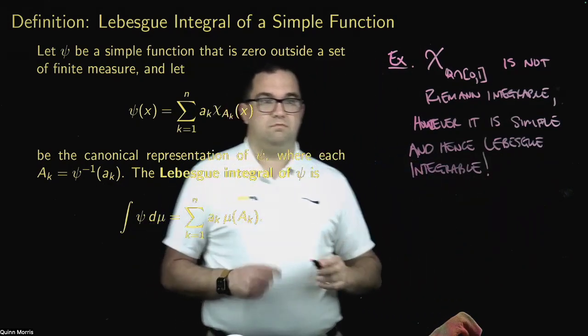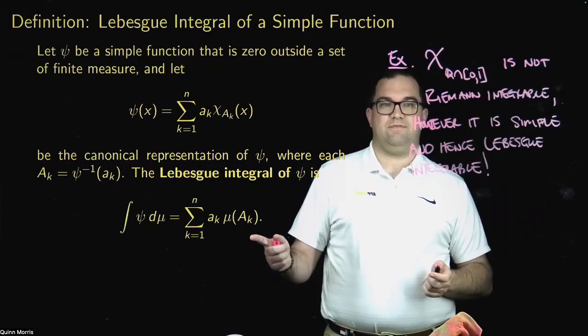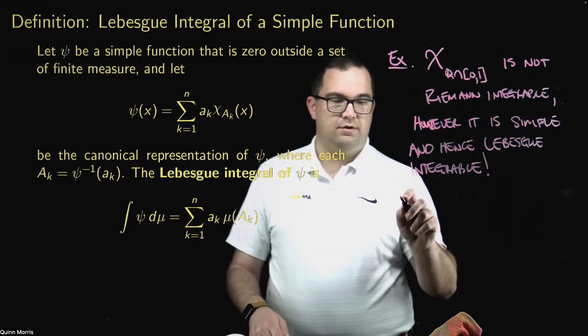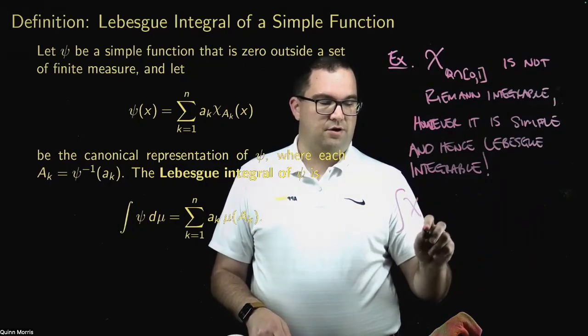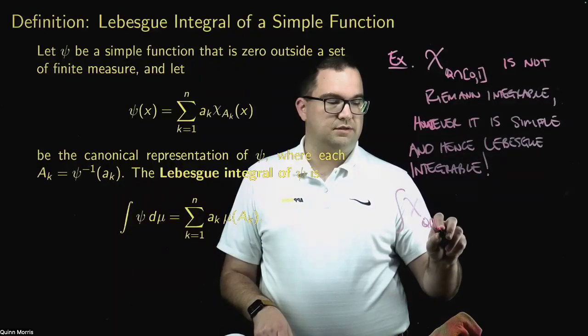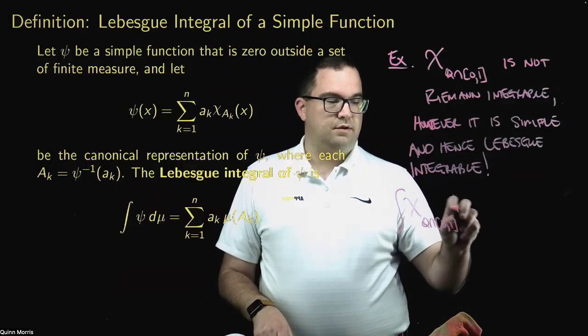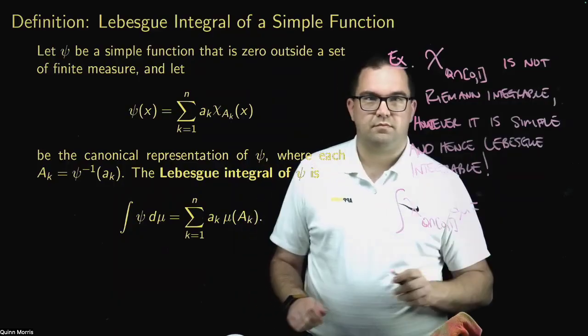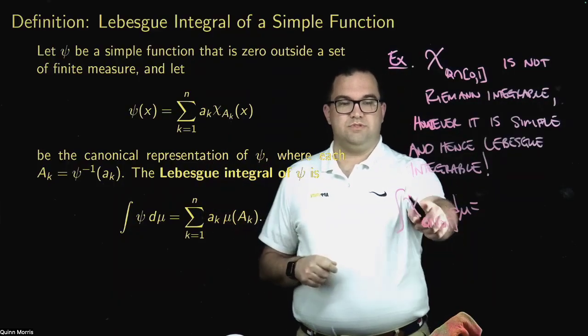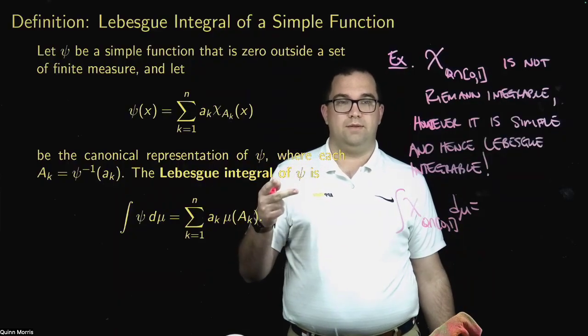Okay. Now, the next question we could ask is, if it's Lebesgue integrable, what is the actual value of its integral? Well, the integral of the characteristic function of Q intersect 0, 1 d mu. Well, there are only two values in the range of this function, 0 and 1.